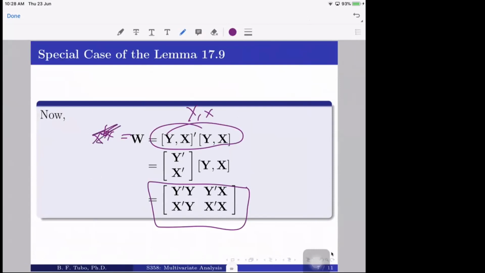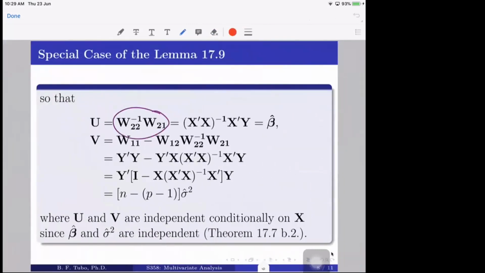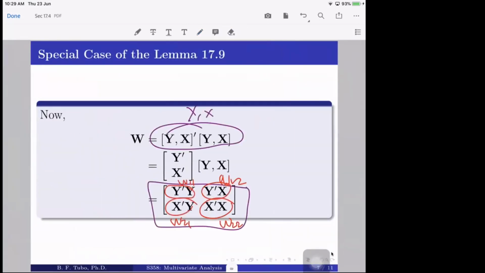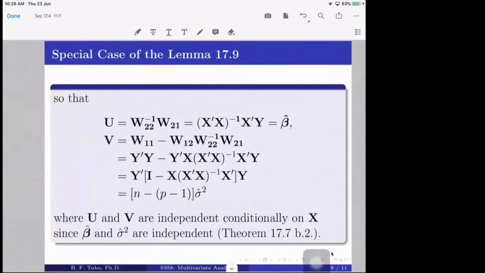or really x prime x, this is our component W11, W12. This is our W21 and this is our W22. So if we try to look at this, substitute W2 inverse, so that will be x prime x inverse here.